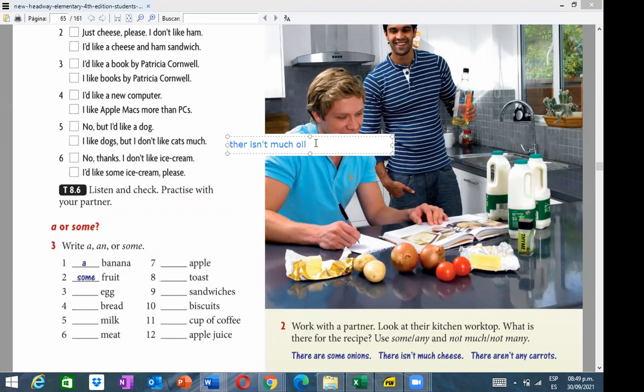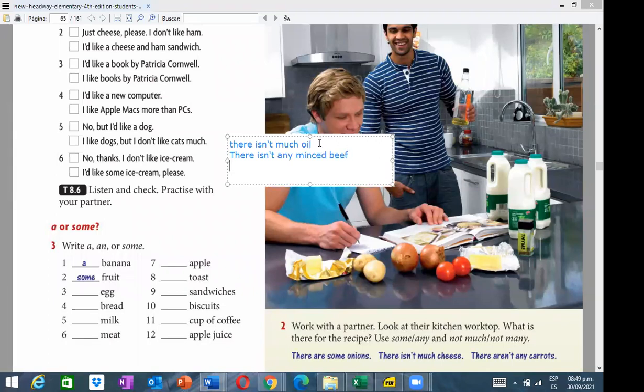Let's continue one by one again. Please, any other idea? There isn't any minced beef. Very good. There isn't any minced beef, right? La carne molida, eso se refiere, minced beef.